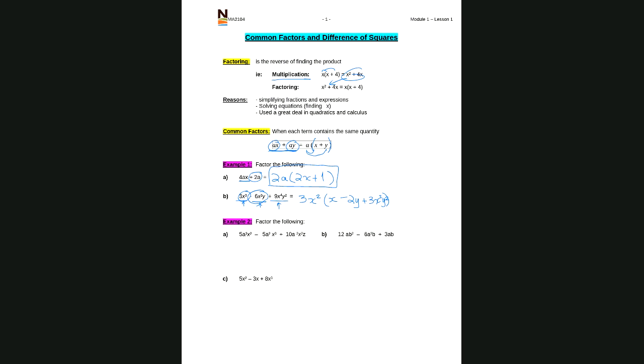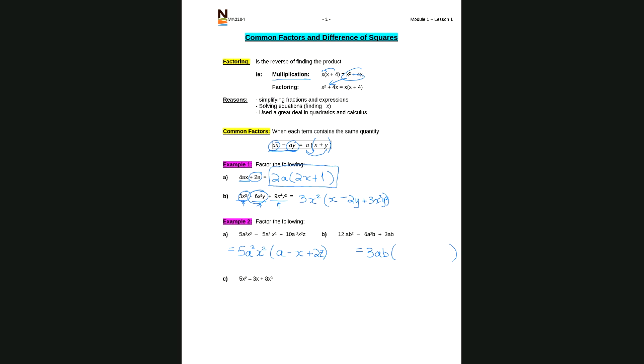Okay, so for example 2a, the common factor is 5a squared x squared. We'll have three terms in the bracket, and that will be a minus 1x plus 2z. For b, the common factor is 3ab, and again, there are three terms, so that means we have three terms in the bracket.